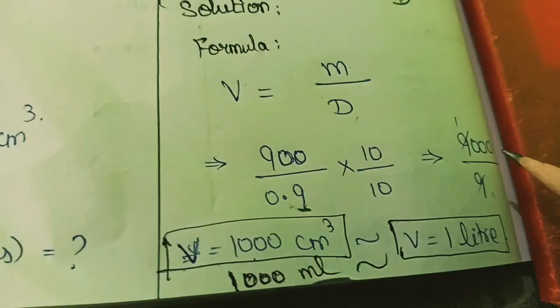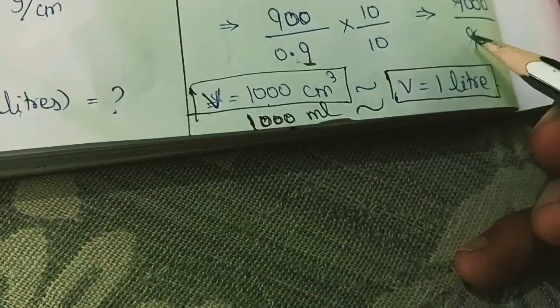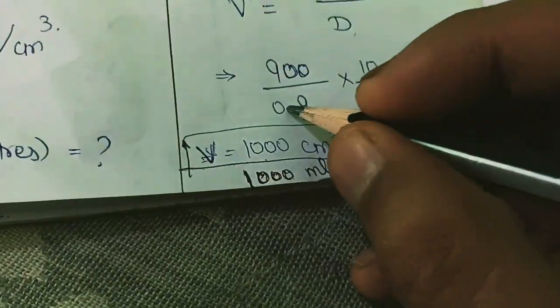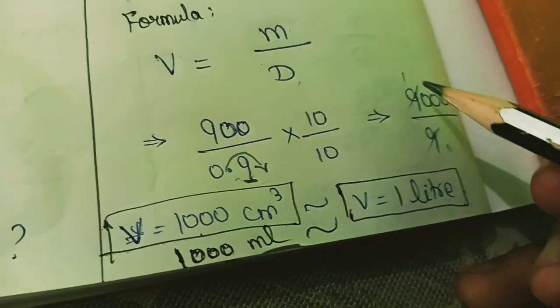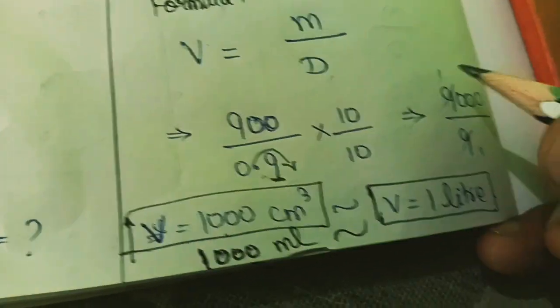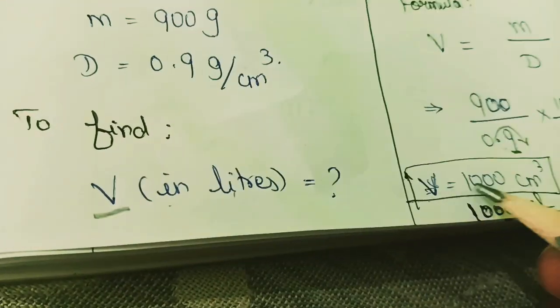So 900 into 10, I'll get 9000, and here I'll be getting 9. In order to remove the decimal point, this step is done. So here you see 1 nine is 9, 1000 nines are 9000. So I'm going to go with 1 here. So volume is equal to 1000 centimeter cube because centimeter cube is in the question paper.